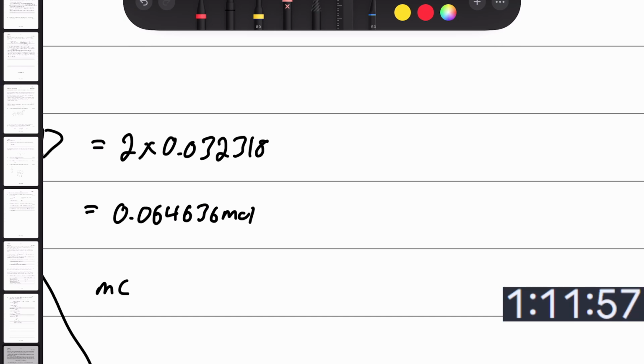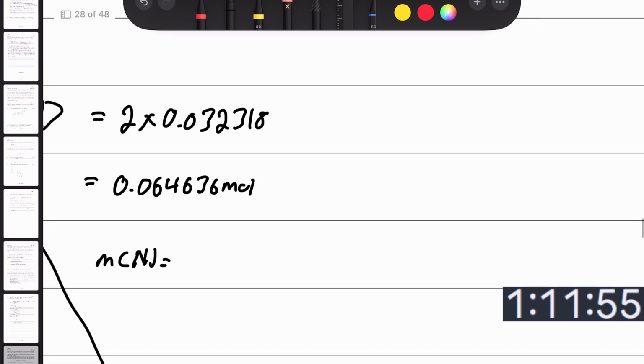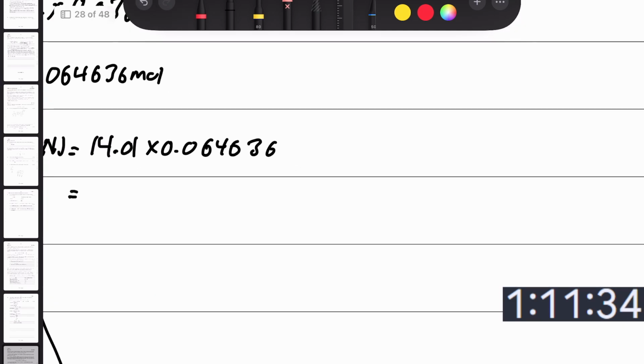Then my mass of nitrogen is equal to that times 14.01, which is 0.9055 grams.